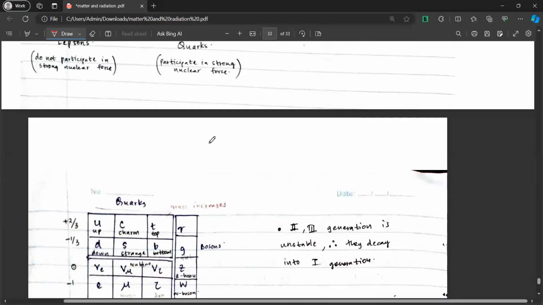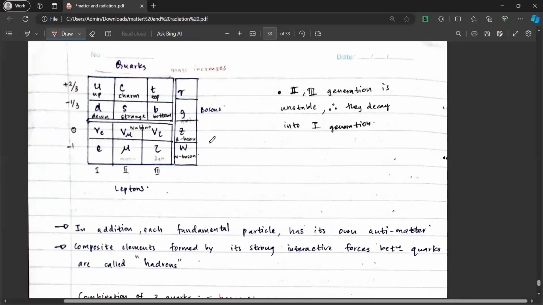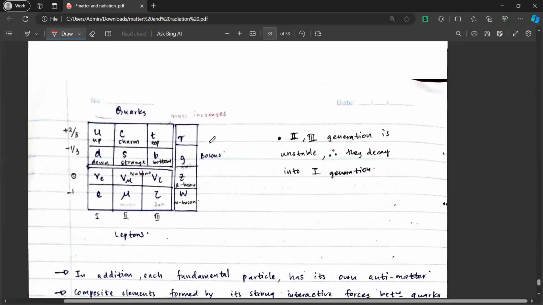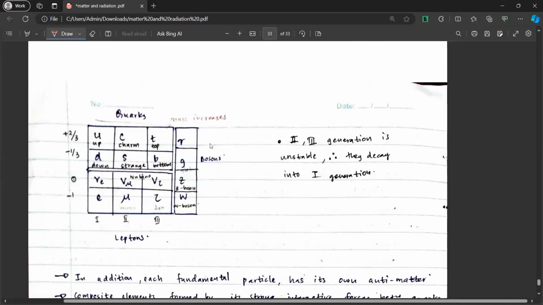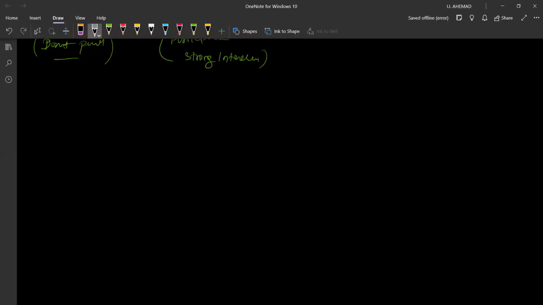Up to now, we have found a lot of types of quarks and leptons. The names are interesting, and the table is also easy. How we have ordered them is also easy.